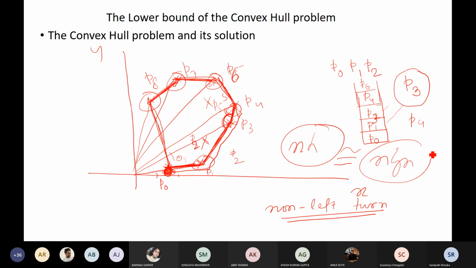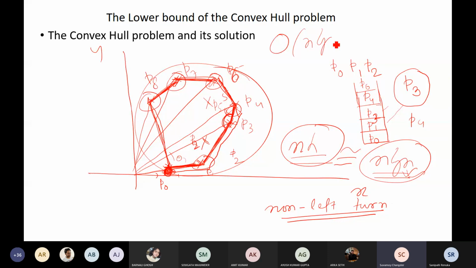if the number of hull points is nearly of order log n, then the time complexity n h can be equivalent to n log n. But the Graham scan algorithm is properly n log n. So this is the solution for the convex hull problem.